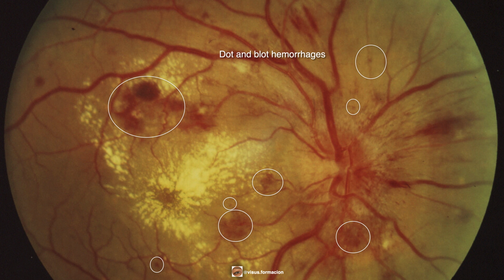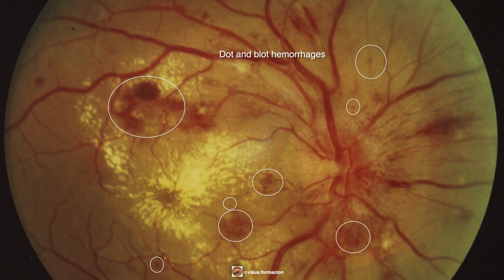Dot and blot hemorrhages are found deeper in the retina than flame-shaped hemorrhages or splinter hemorrhages. Usually in this case, the blood collects in the outer plexiform or inner nuclear layer. Each configuration is due to retinal compression, restricting hemorrhages to a specific place.